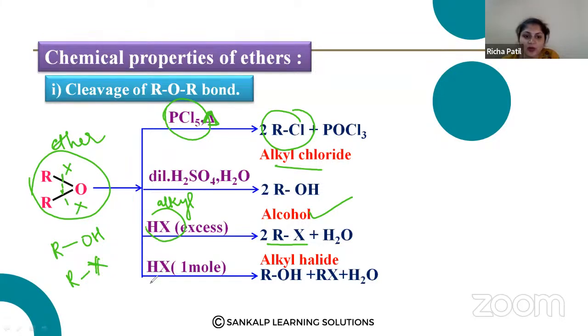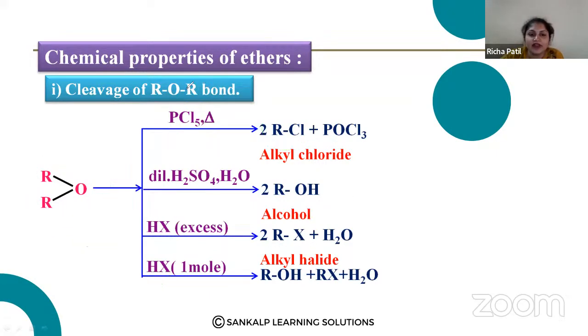The other bond is not broken because there is only 1 mole, so it remains intact and forms ROH plus RX plus water. So this is the cleavage of the R-O-R bond; across this broken bond, the addition takes place. These are some of the chemical properties.